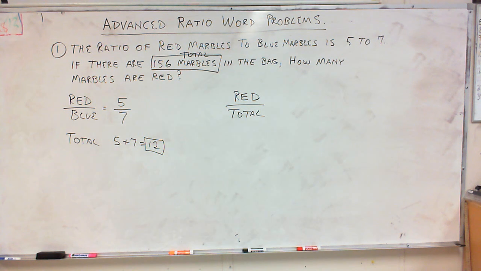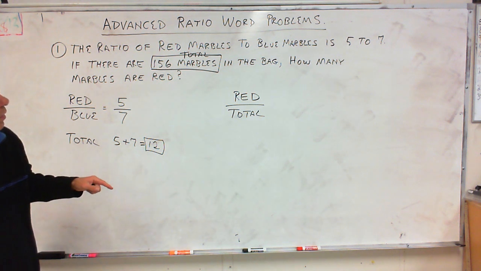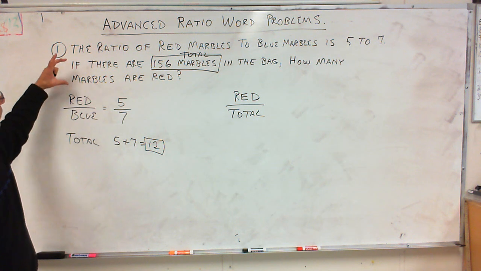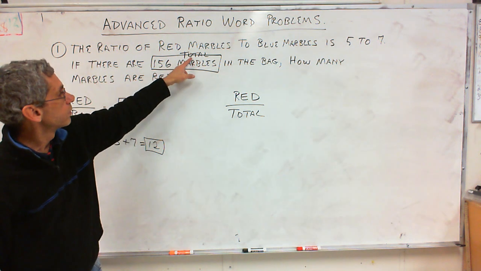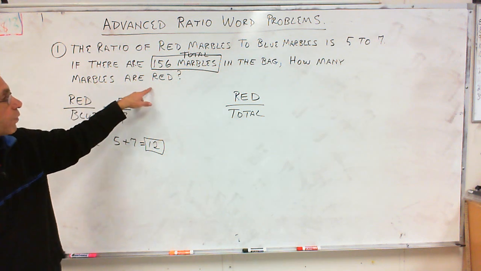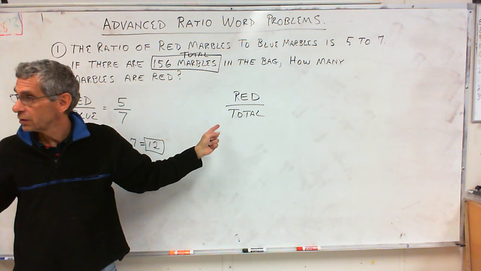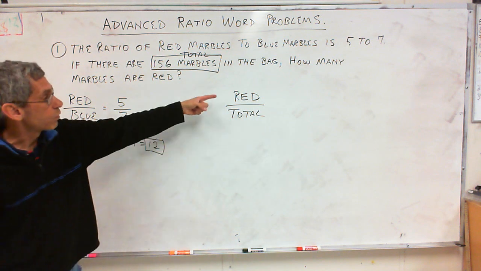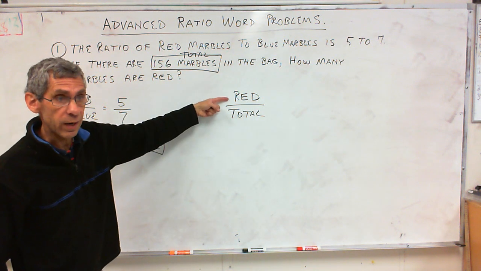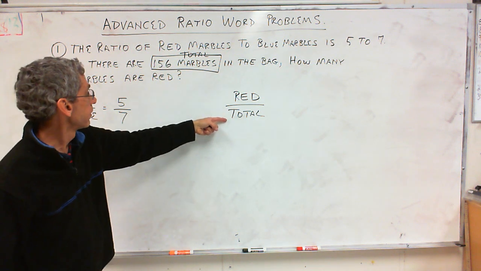Yes, Amy. So then you divide the total number of marbles by how many? No, you're going too fast. Hang on one second. Do you agree that they're saying there are 156 marbles in a bag? That's a total, and they want to know how many red. They don't care about the blues. They only care about the reds right now. So we know the total, and we need to know the reds.